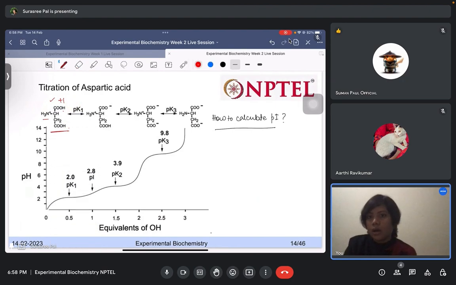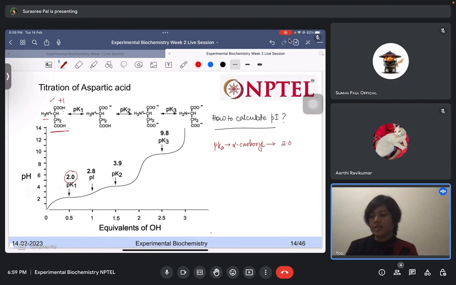Alright. So now when we increase the pH, the first pKa value, you will see, is 2, right? This pKa is for the alpha carboxyl group, approximately 2.